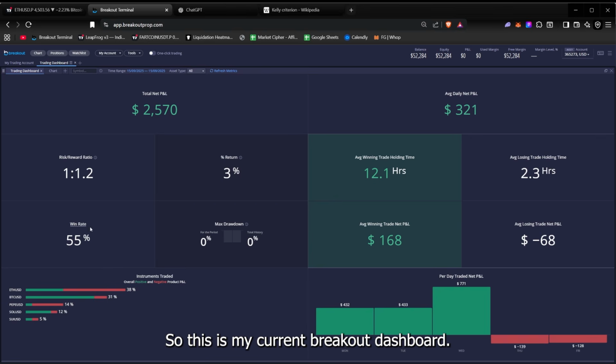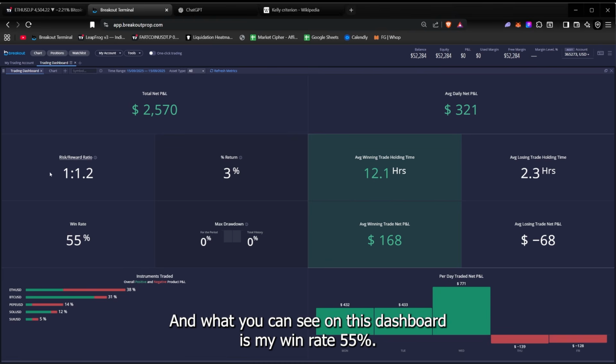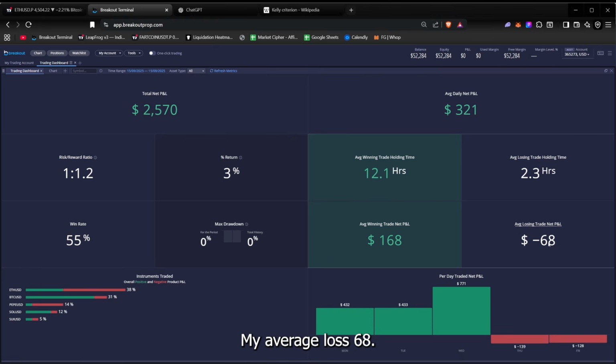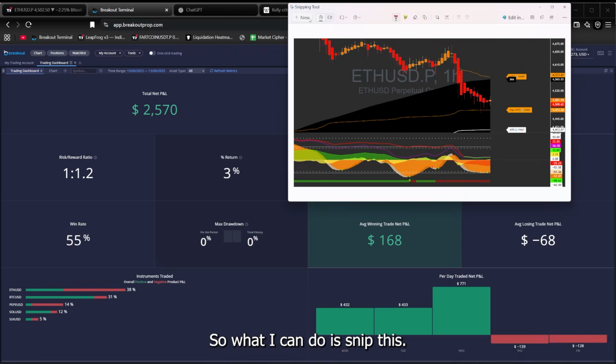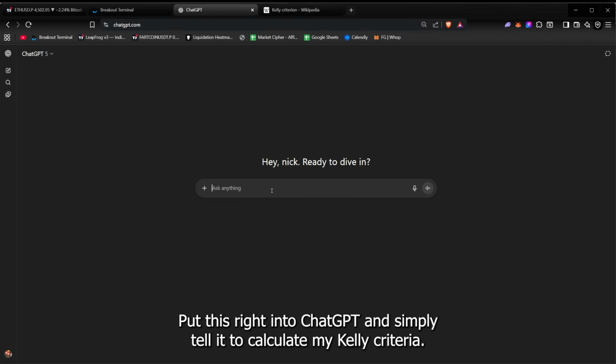So this is my current breakout dashboard, and what you can see on this dashboard is my win rate 55%, my average loss 68, my average win 168, and my balance here. So what I can do is snip this, put this right into ChatGPT, and simply tell it to calculate my Kelly criteria.